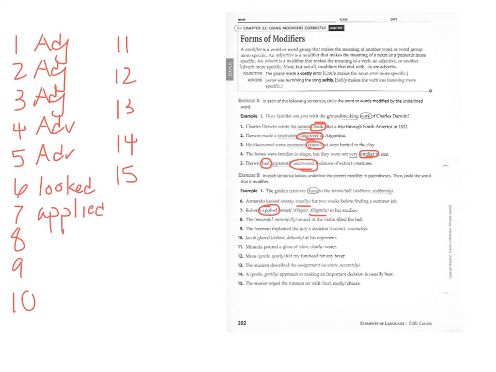Okay, for 8, we're going with mournful, and it describes sound. For 9, we want to go with succinctly, and it describes explained. For 10, we want to go with defiantly, and it describes glared.